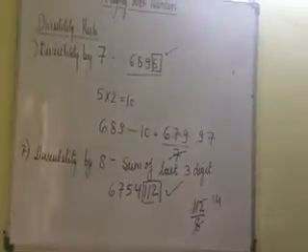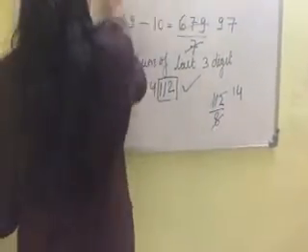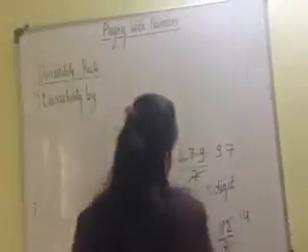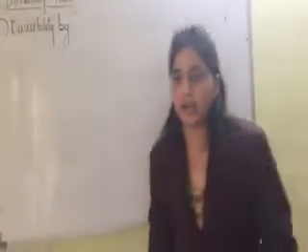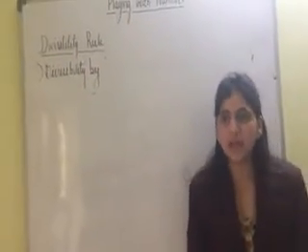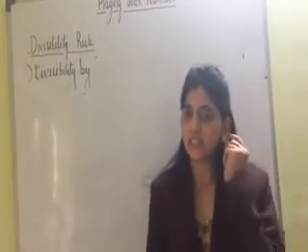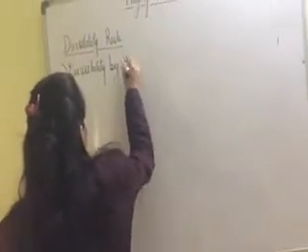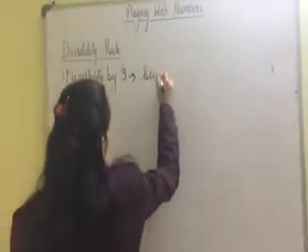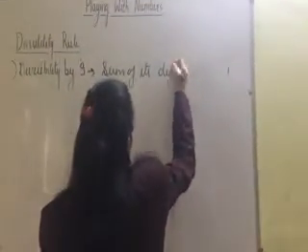Now, divisibility by 9. A number is divisible by 9 only when the sum of its digits is divisible by 9. It is the same as 3: divisible by 9 if the sum of its digits is divisible by 9.